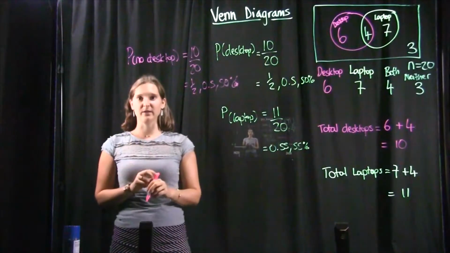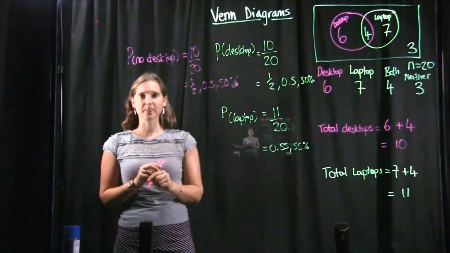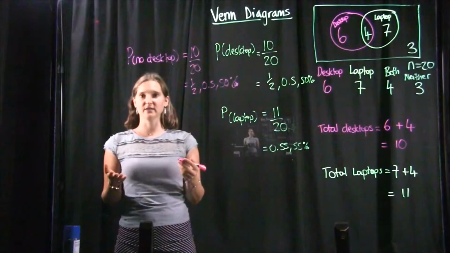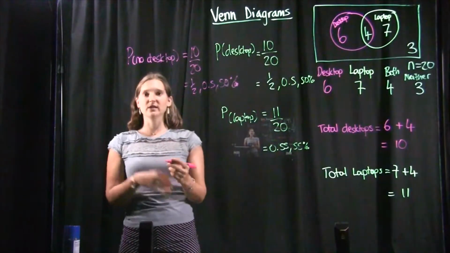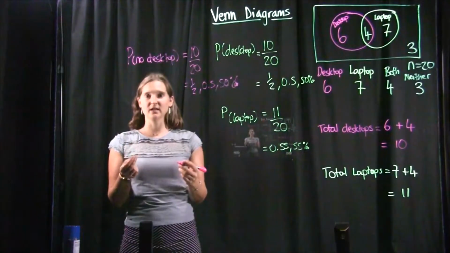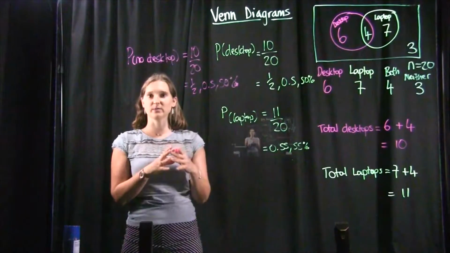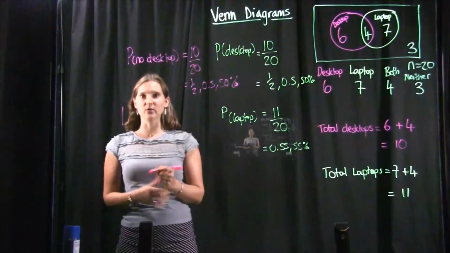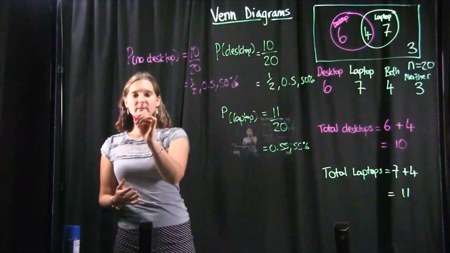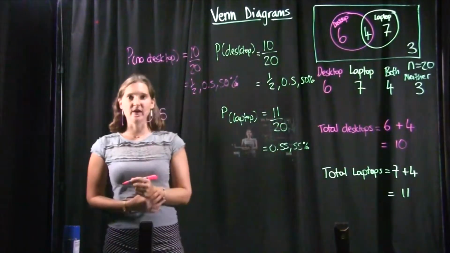But the other way we can work that out is to use the information we have already processed. We know that there are 2 events. We either have a laptop or we don't within this set of data. We know that there is 100% certainty that the people in this survey will either have a laptop or they won't. There's no possibility outside of that. So out of 100% possibility, or a 1, we can minus the probability that we've already worked out, which is 0.5.